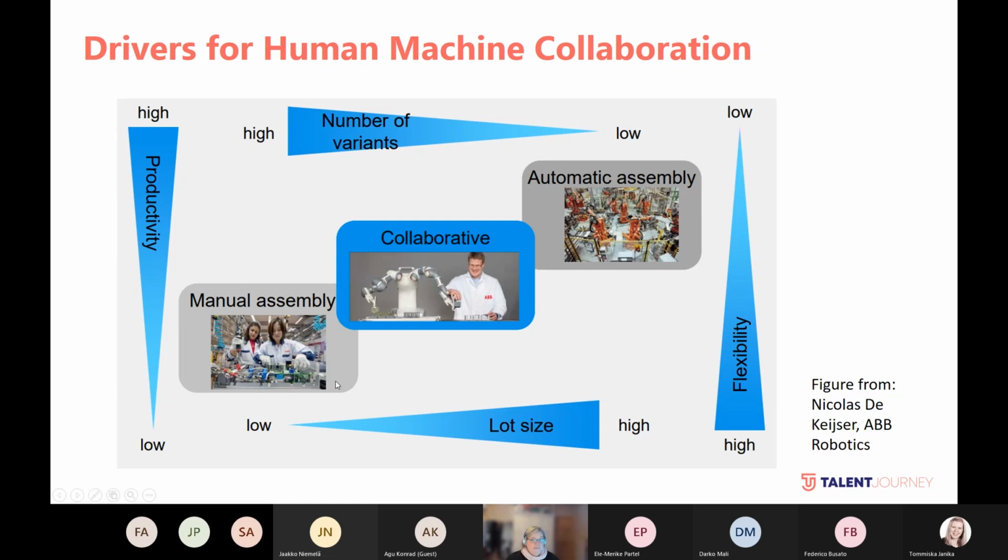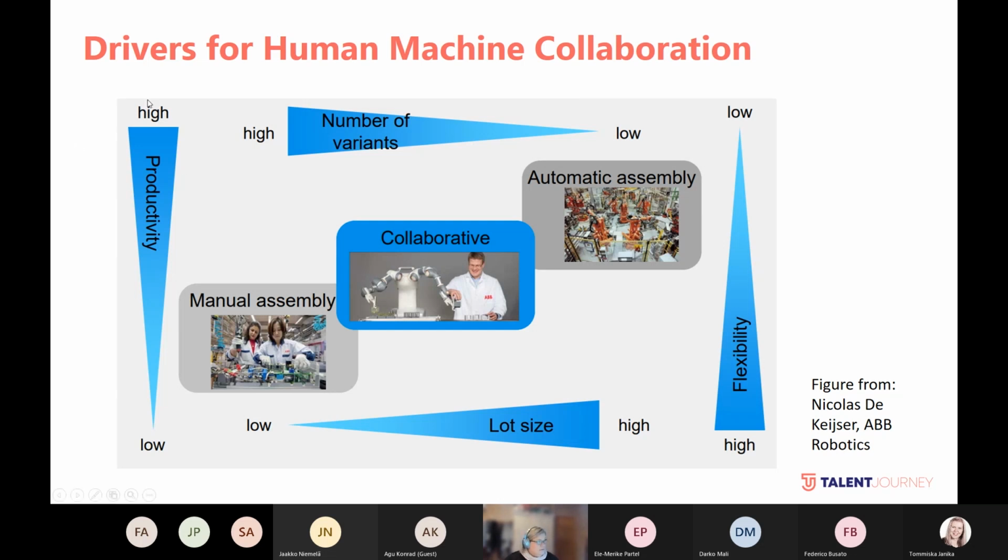Then we are here in the manual assembly part of this figure. If, on the other hand, high lot sizes of goods are made and there is little variation, it is worthwhile to handle the production completely automatically.